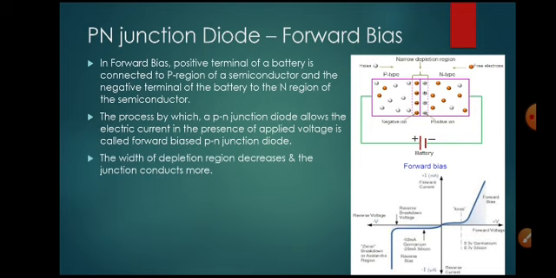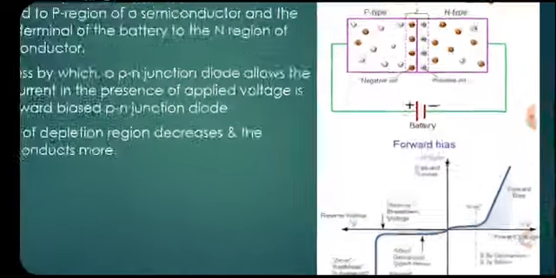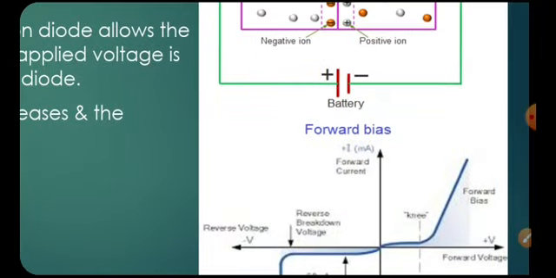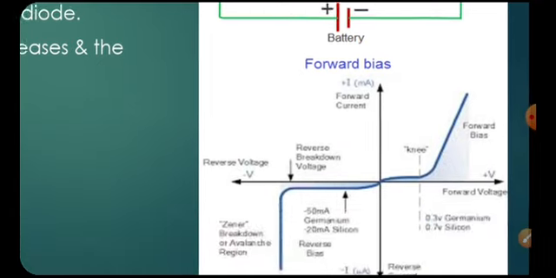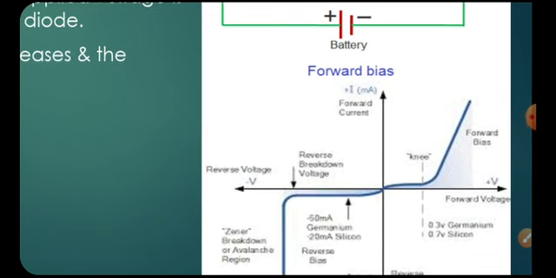So if you plot a graph between the voltage and current, you will get a curve. From a particular voltage, the current changes drastically.